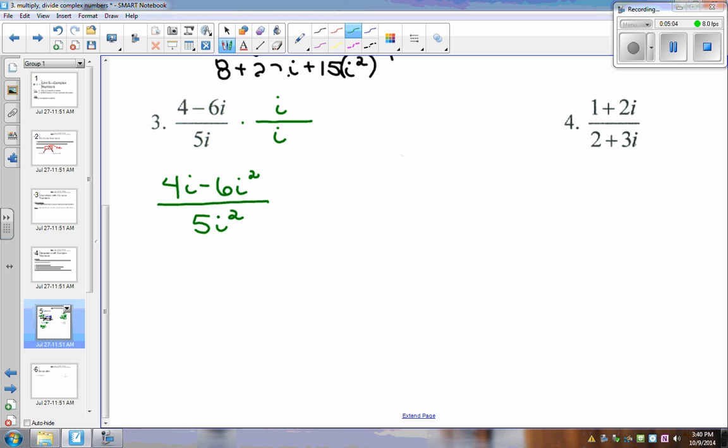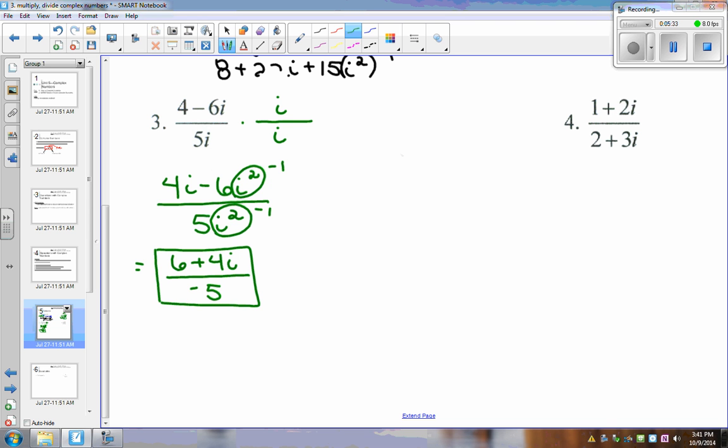There are i squareds in both numerator and denominator that we can turn into negative ones. Our numerator now cleans up to 6 plus 4i, as negative 6 times negative 1 became positive 6, and we reorder in a plus bi form, and our denominator simply became negative 5. There's no longer an i value in the denominator, and that is our goal for rationalizing.